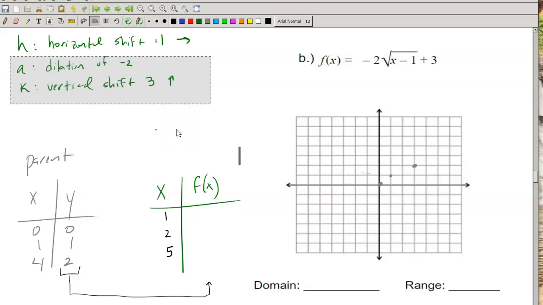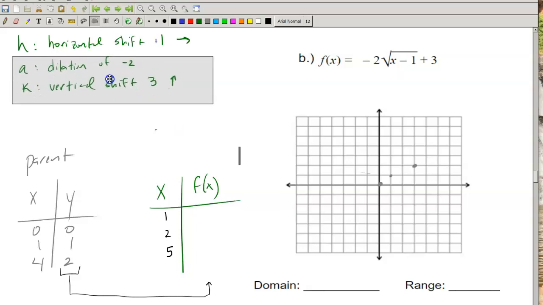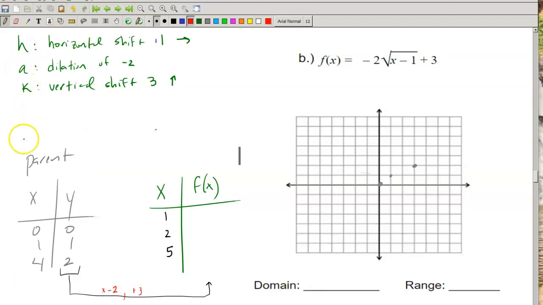That's that dilation that's happening, and we're also adding 3 to the y value. So the a and the k parameters are really changing the y values of the graph. The h is changing the x value of the graph. Okay, so from one y value to the next, what are we doing? Well, we'd be multiplying by -2, and then we'd be adding 3 to that. I mean, that's what the a and the k value are doing.